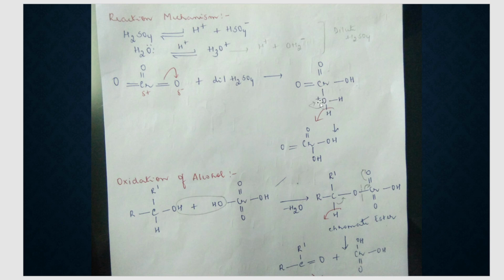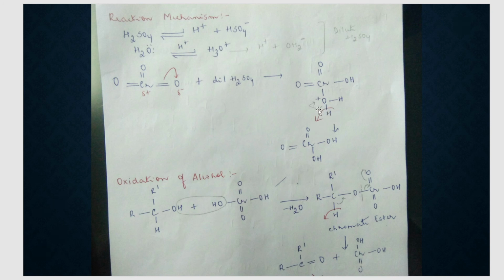It becomes electron deficient. Why? Because it is sharing one of its lone pairs of electrons to form a bond with this chromium. So it gets a plus charge, and you get a molecule like this. Now, in order to remove this plus charge on oxygen, one proton goes out as H plus ion.